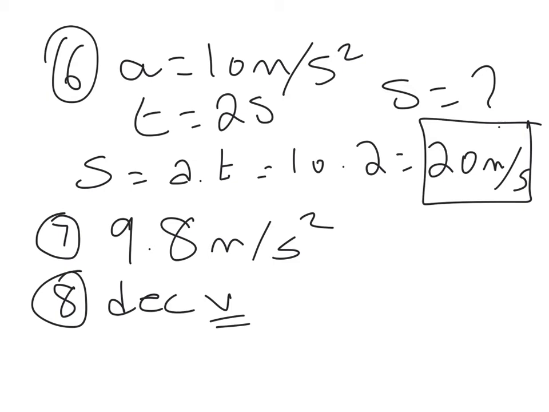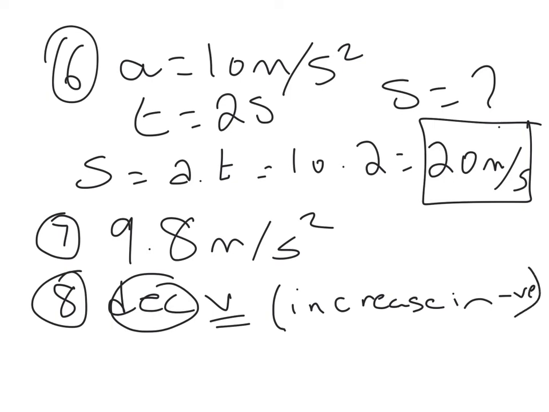The first blank, velocity is decreasing. What's happening to the acceleration? As you slow down, what happens to the acceleration? In which direction? In the negative direction. So, you can say increase in the negative direction, or if you have an option of increasing or decreasing, your acceleration is actually decreasing in the positive direction.